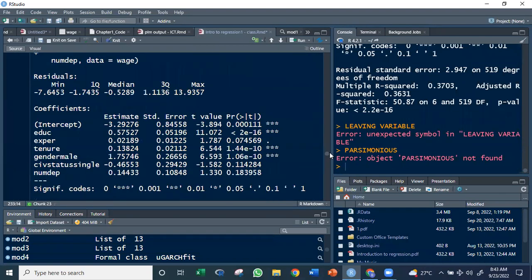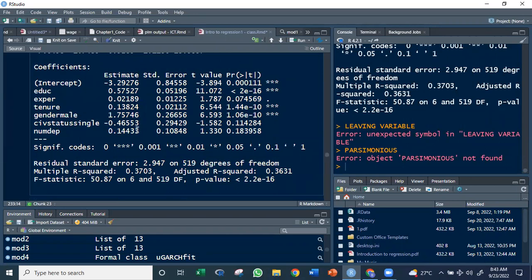Right? So, we know how to interpret this, guys, no? We will not repeat that. By the way, just to review, ano ibig sabihin ng intercept na to? Negative 3.29, 3.3. Sabi natin, di ba?